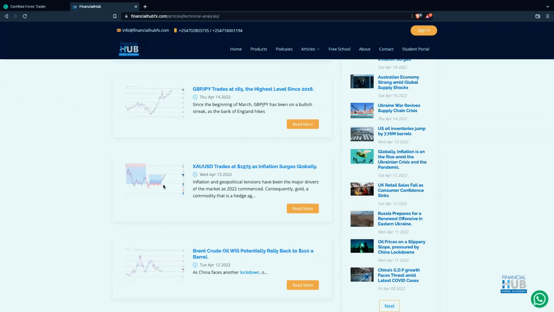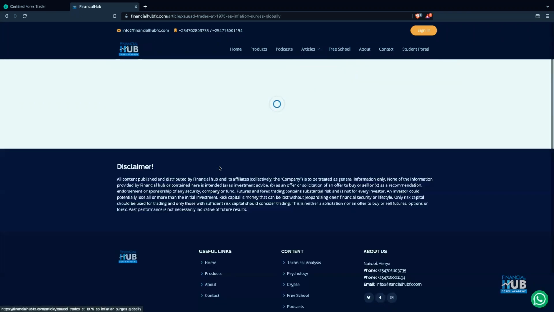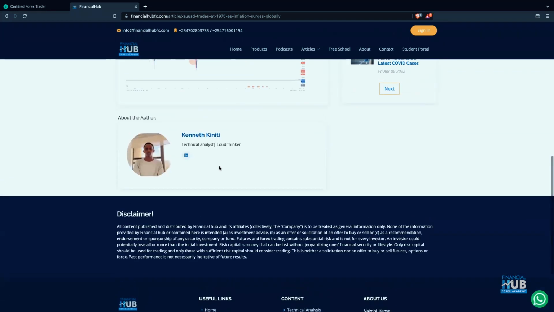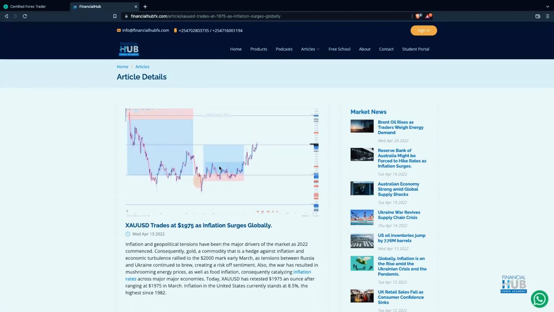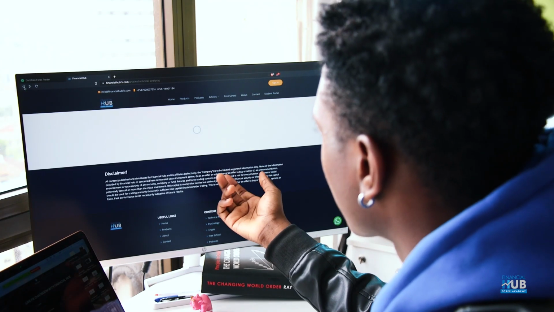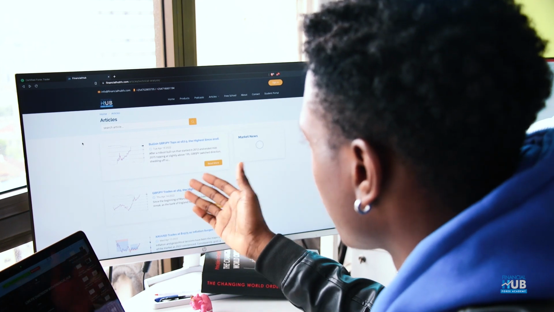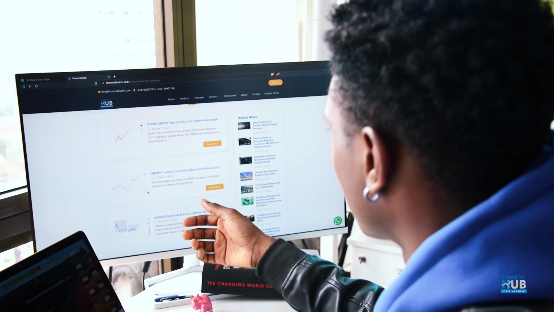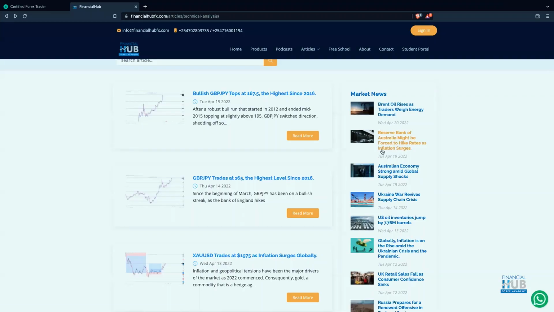Like one of us was able to break down, you can see, for example, here, the gold market. This was done by Kiniti. Kiniti is part of the team here, and he did a good analysis on this one. So if you go through our website, you can get all that information. Not only that, we do many pairs. You can see there's GJ, gold, oil, and many others. And here on the left, you can get good information also.